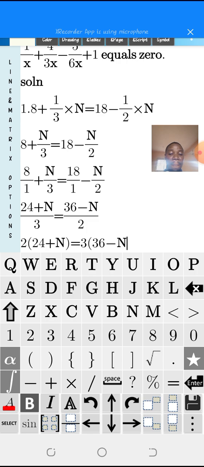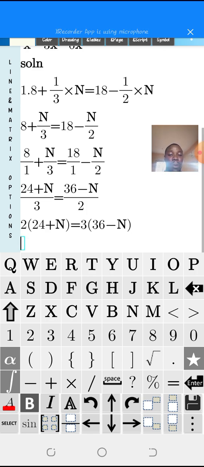From here we open the bracket. 2 multiplied by 24 gives us 48, plus 2 times n is 2n, equal to 3 multiplied by 36, which gives us 108, minus 3n, because 3 times n is 3n.